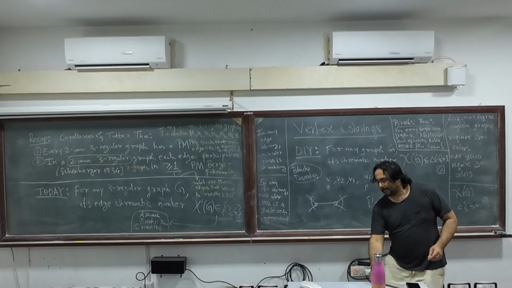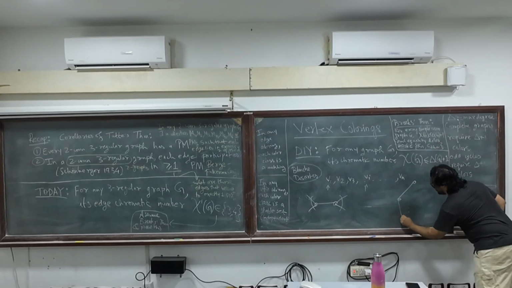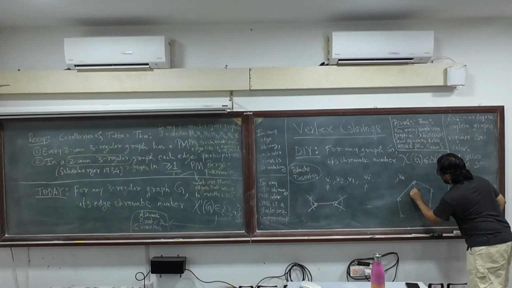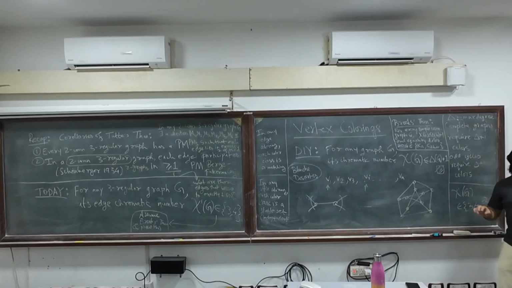This is the smallest 2-connected 3-regular graph that requires 4 colors.